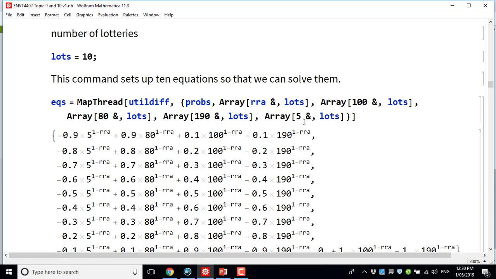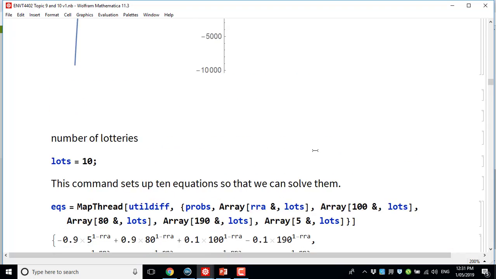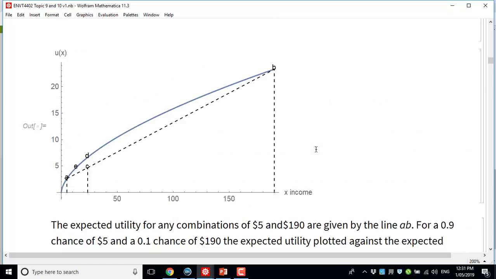So let's take the first lottery. I'll go back to the original one because Ben has a slightly different way.